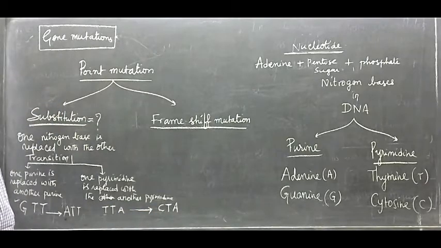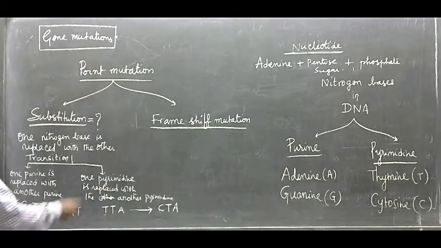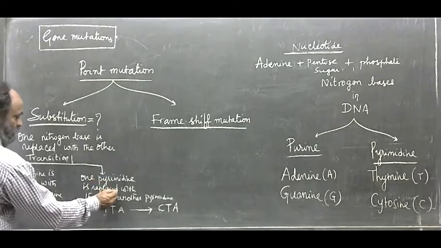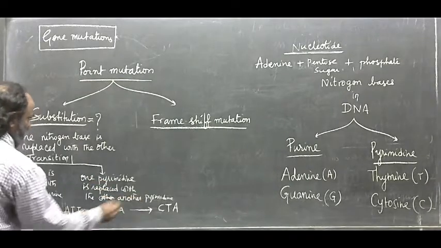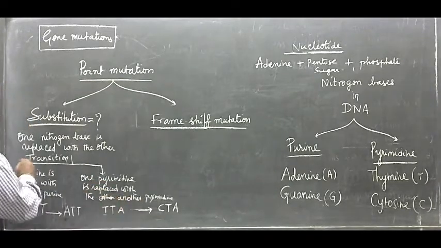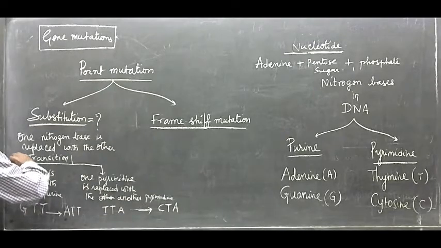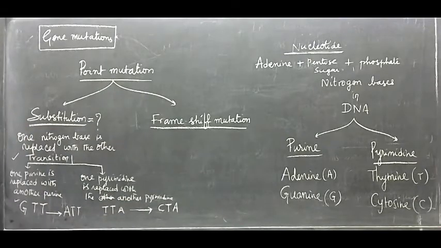So whenever a purine is replaced by another purine or a pyrimidine by another pyrimidine, this kind of substitution is called transition. So substitution by transition is one type.